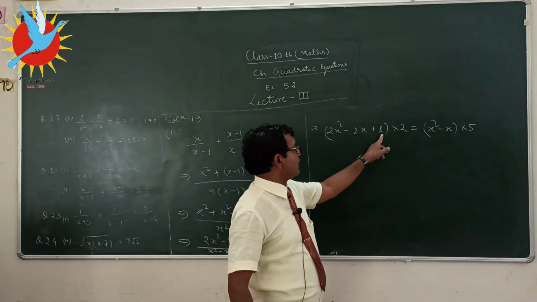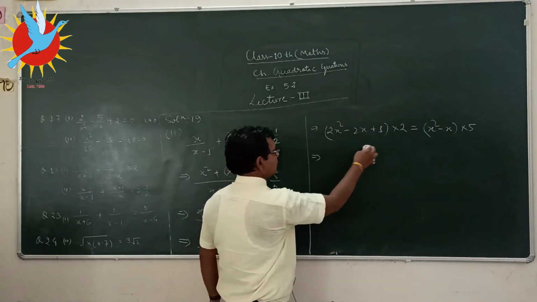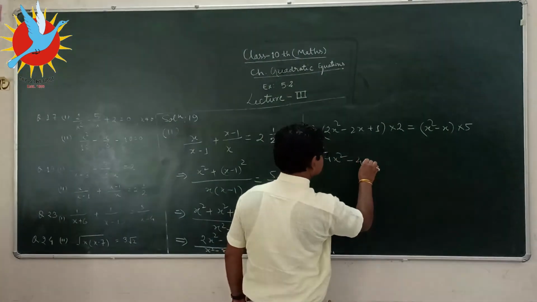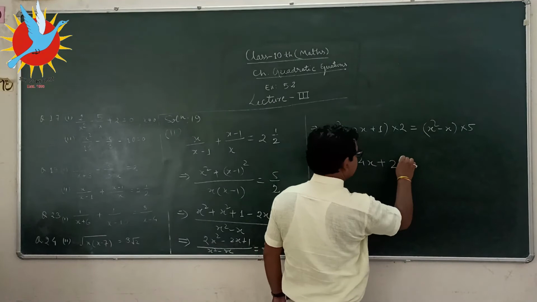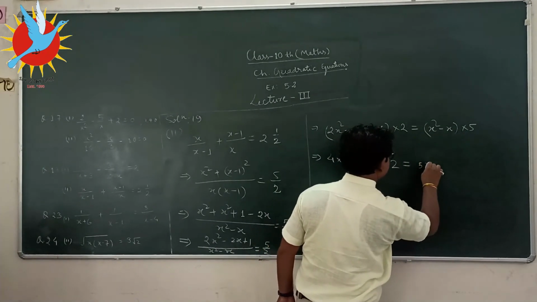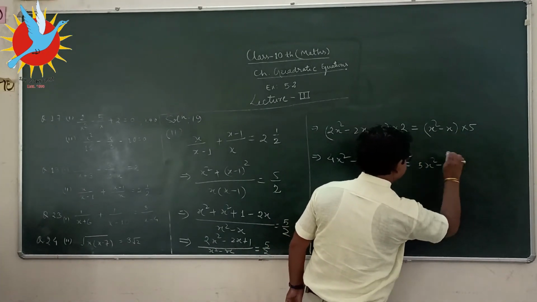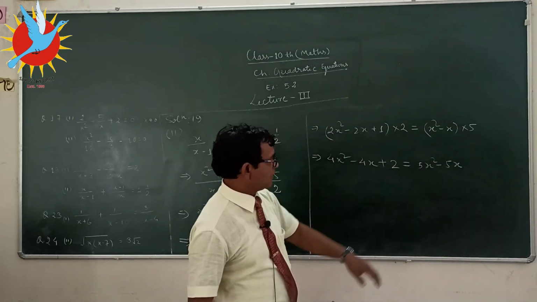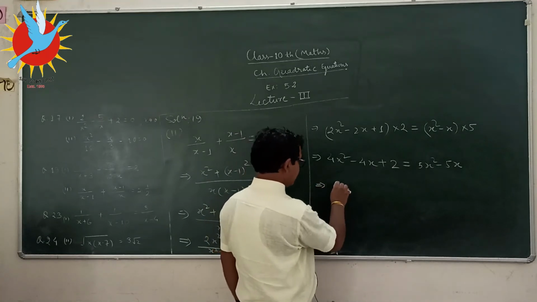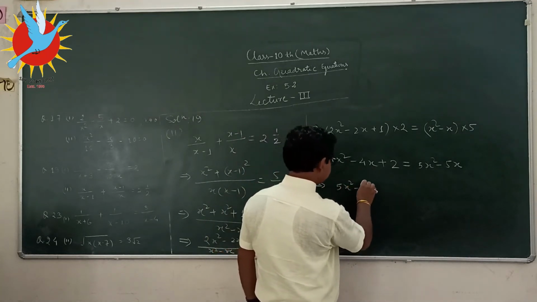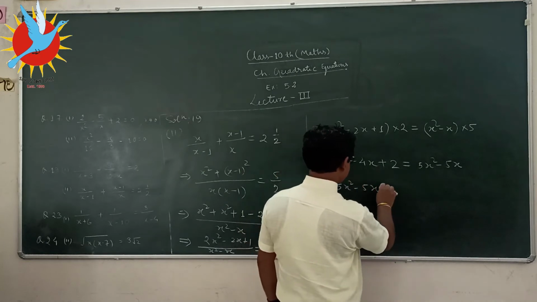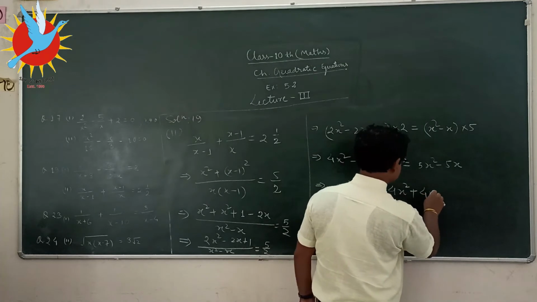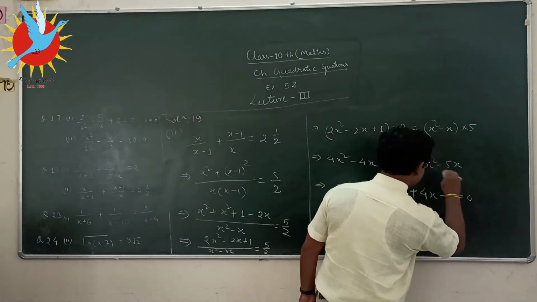Now multiply 2 to all these terms, we have 2 twos are 4, x square minus 2 twos are 4x plus 2 equal to 5x square minus 5x. Transpose these terms to the right hand side. We have 5x square minus 5x.